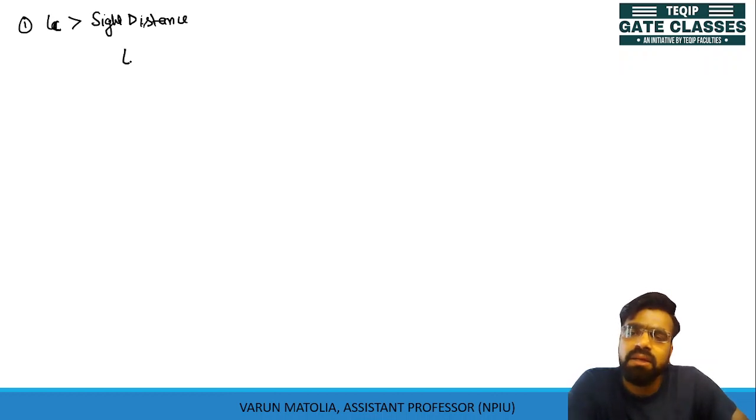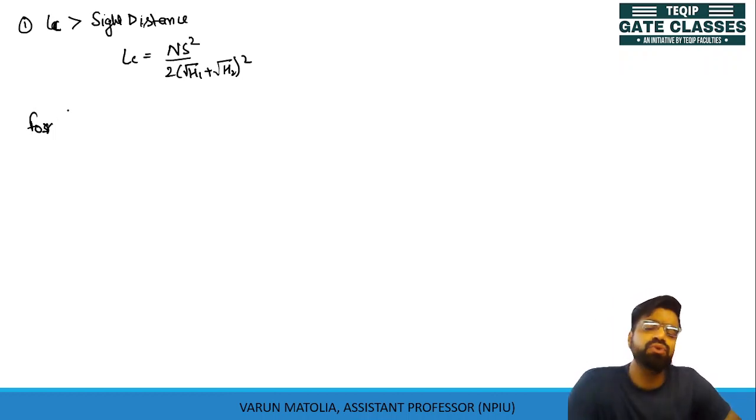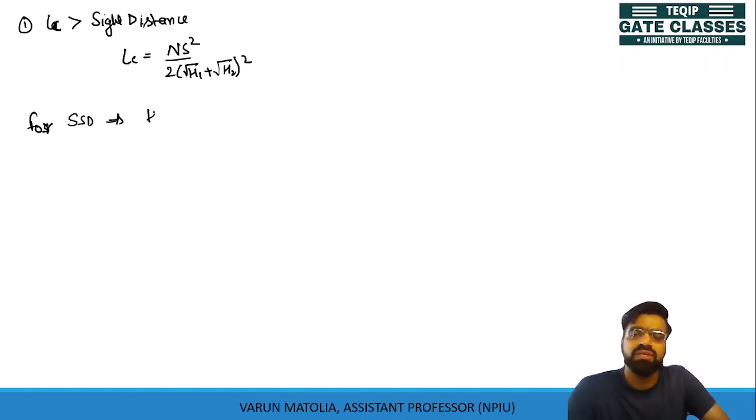That is, length of curve equals n s square by 2 times root h1 plus root h2, whole square. For SSD, if we want to design for SSD, we can take h1 as 1.2 meters and h2 as 0.15 meters.